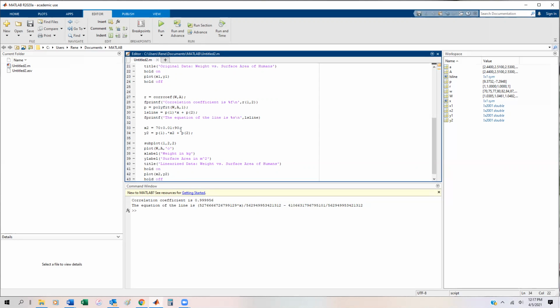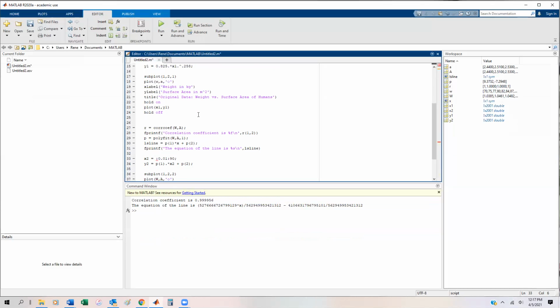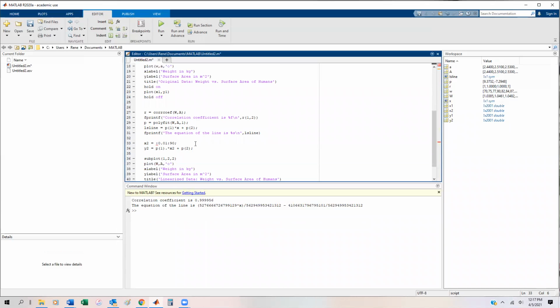Oh, that's right, because it's a different domain. So let's do this. Let's say x2 is going to be our max of whatever. Let's do this, whatever the plot was. Let me cut this out. I'm going to comment this.